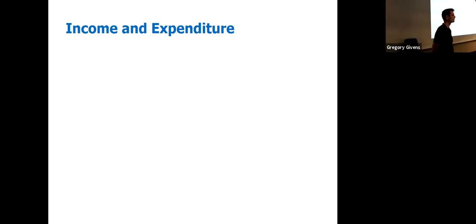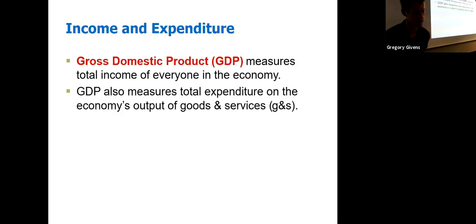Matt? Yeah, so it's the value of all goods and services traded or bought. So that's certainly one way of thinking about GDP. I think what Matt is saying here is that GDP measures the total expenditure on the economy's total output of actual goods and services.